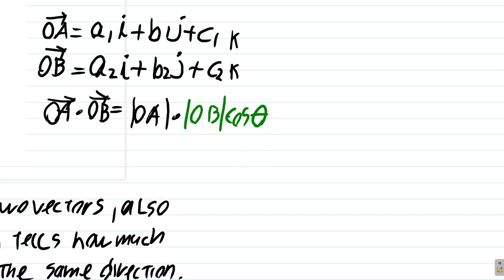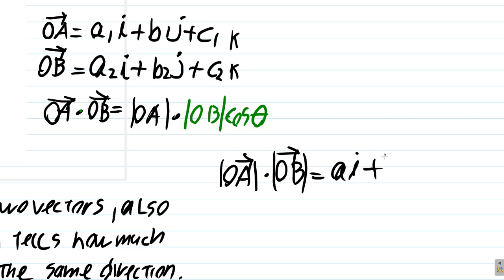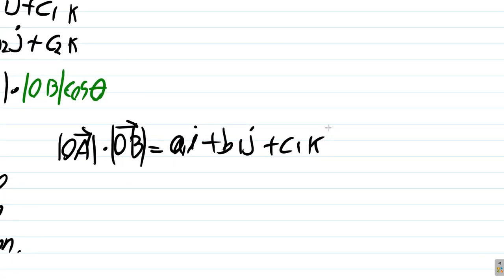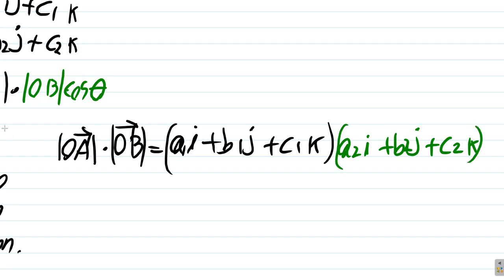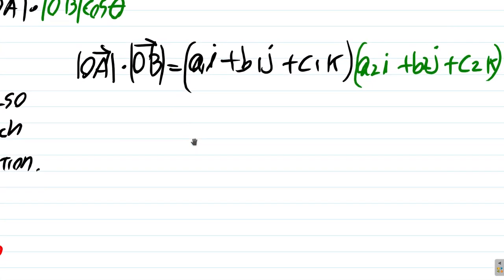So OA dot OB is going to be what? It's going to be A1I plus B1J plus C1K, right? And that is multiplied by A2I plus B2J plus C2K. You see that? Alright.